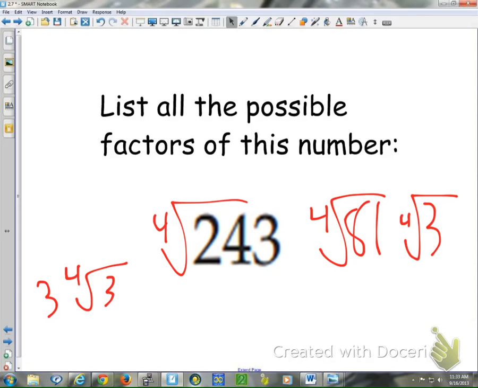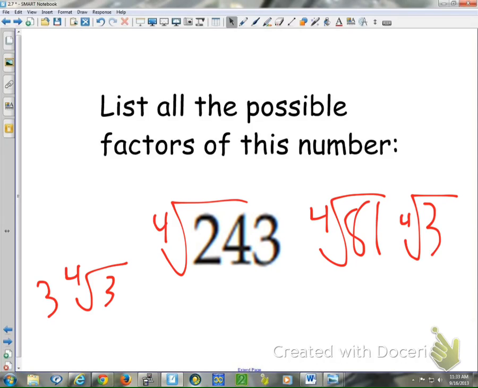You need to know, hey, they want me to take the fourth root of this. This number is going to have some factor that's a perfect fourth. That's why they're doing it. They're going to try to make you find that number. So we had to look at all of our factors, 3, 81, 9, 27, and find one that was a perfect fourth. And we found that 3 to the fourth was 81, one of our factors.